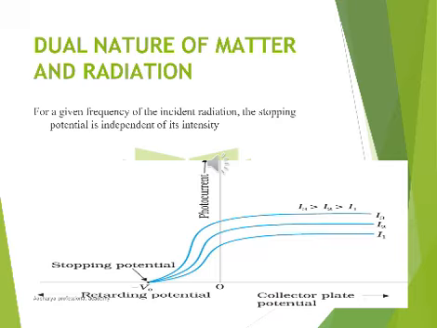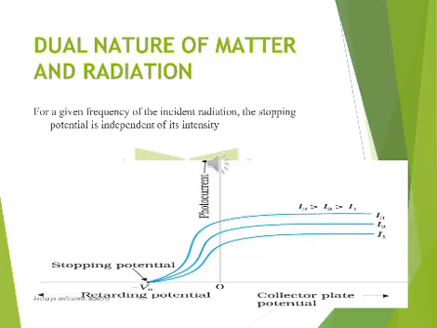Now the intensity I2 is increased, and the corresponding photocurrent is given, and similarly for I3. Here I3 is greater than I2, and I2 is greater than I1.